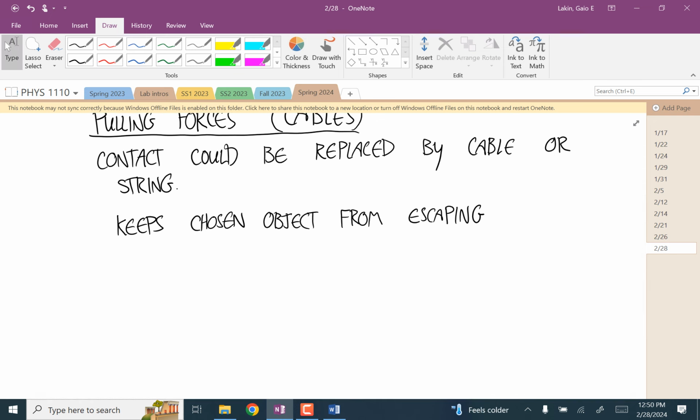For example, let's think about two objects, two rolling carts that are connected by a bar, a cable, or something.